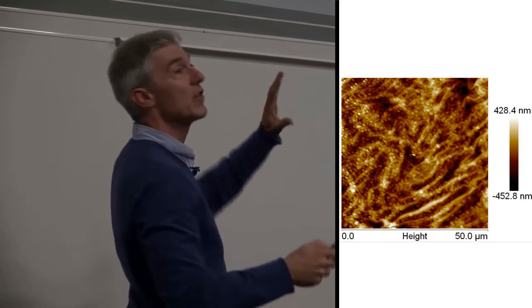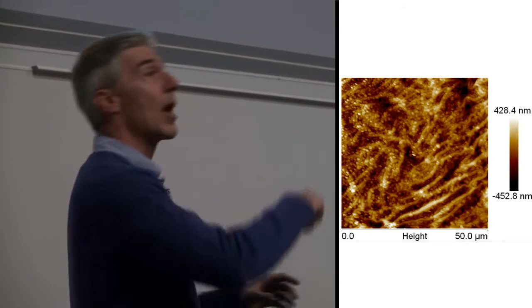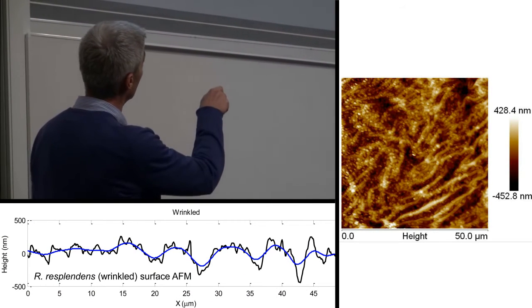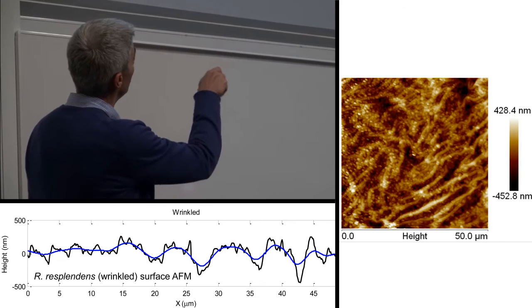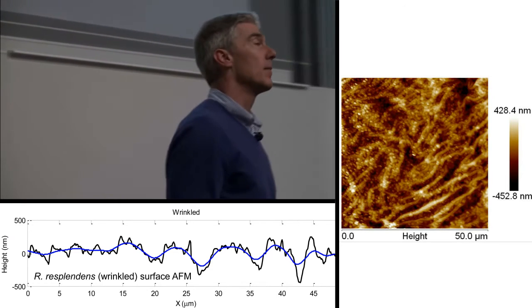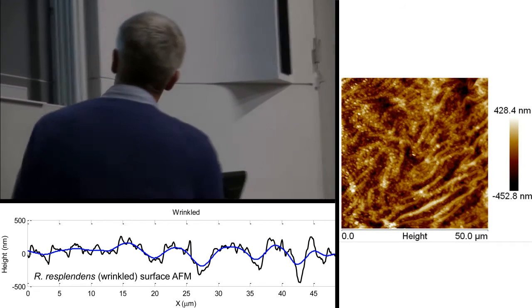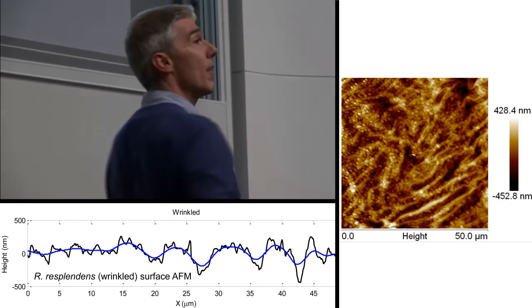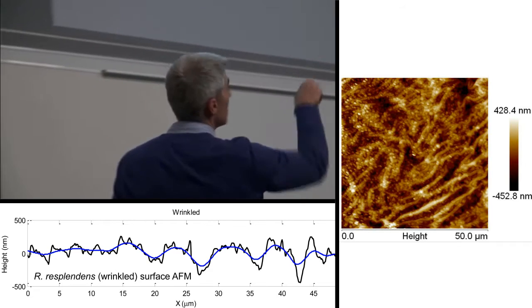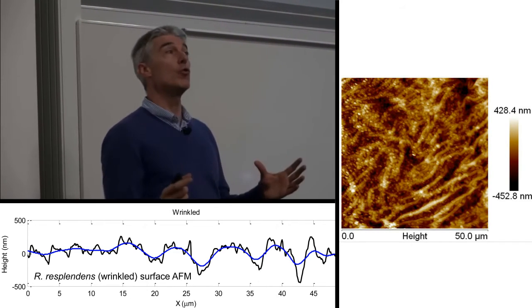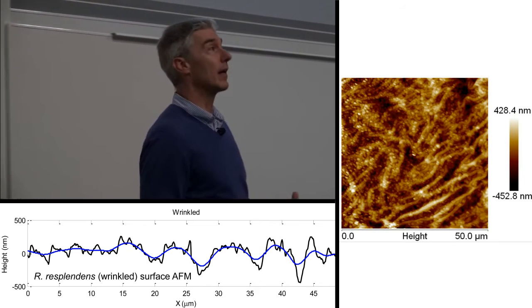We can do it for various surfaces, and then pull out line profiles. And here is a line profile that we pulled out from the wing. The black line is the actual real data. Every surface has some lower-level noise, and these wiggles here are that. But the blue line is the interpolated, smoothed curve that represents the true nature of the wrinkling.